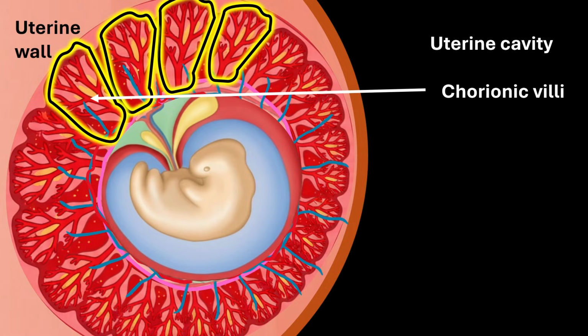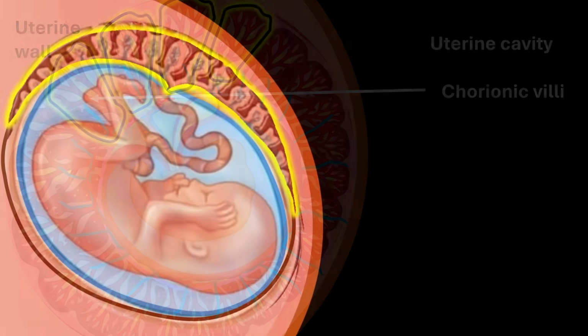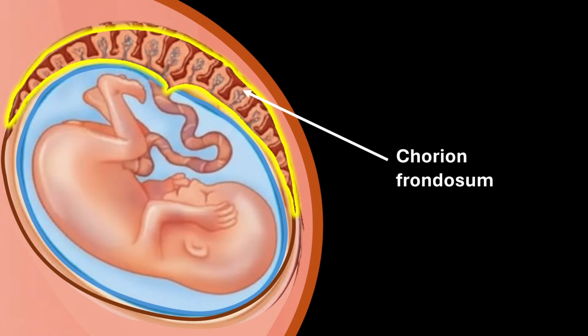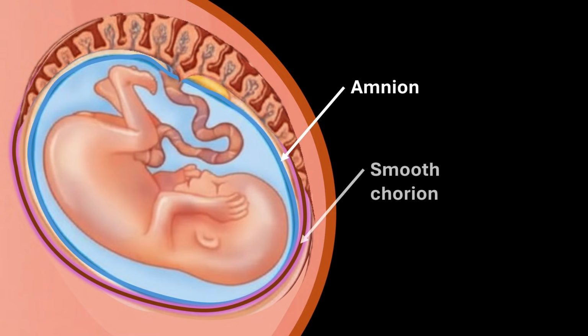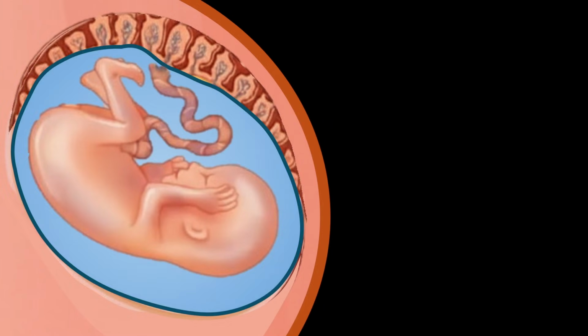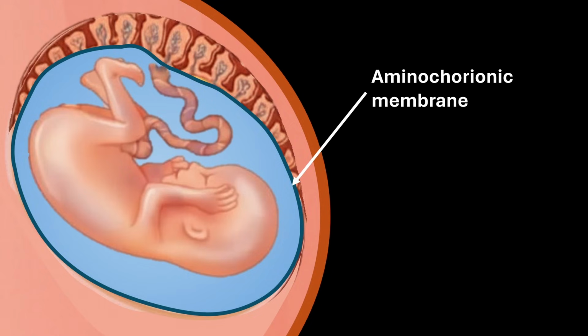This thick bushy region is called as chorion frondosum. As the growth proceeds, the amnion surrounds the offspring, which eventually fuses with the smooth chorion. And then they collectively form the amniochorionic membrane.